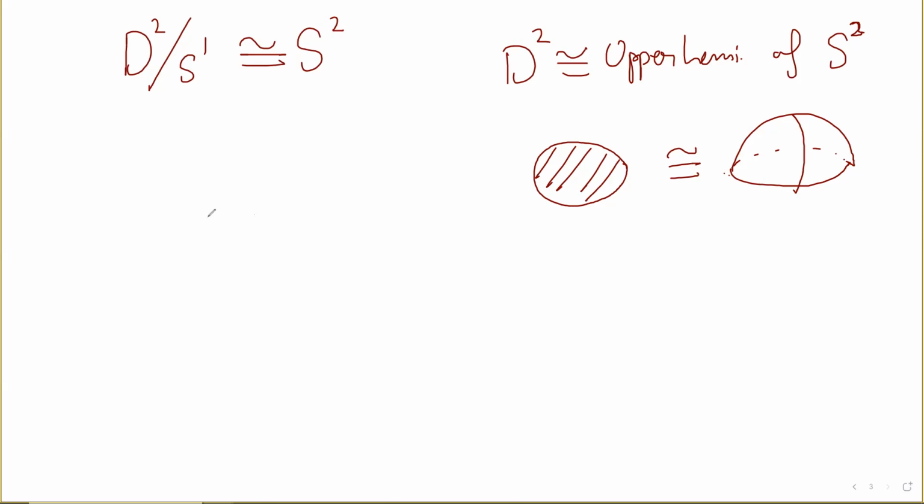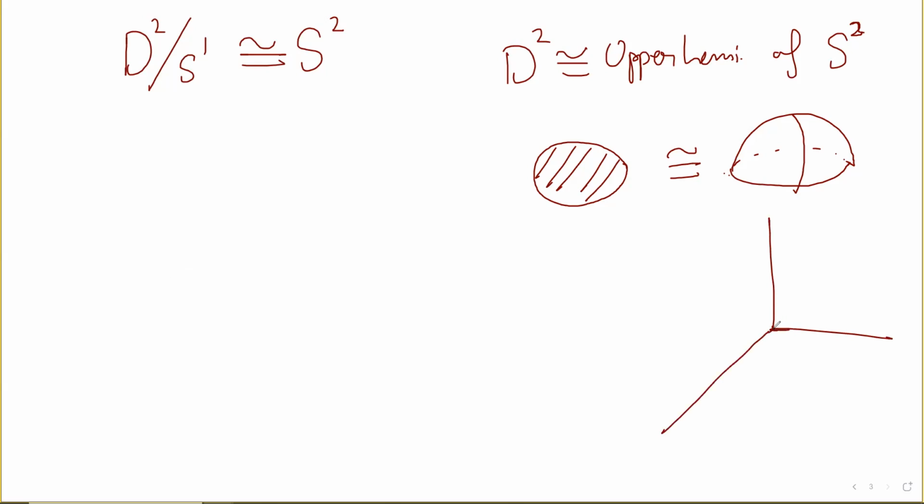I'm saying the same thing, but with slightly more calculations. You have to just define a map. So you take S2, and you translate S2.